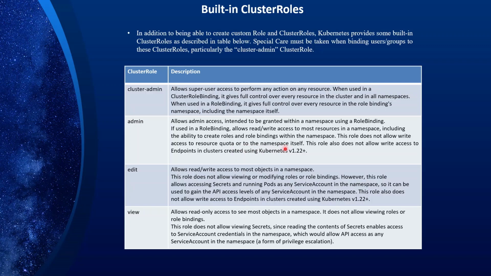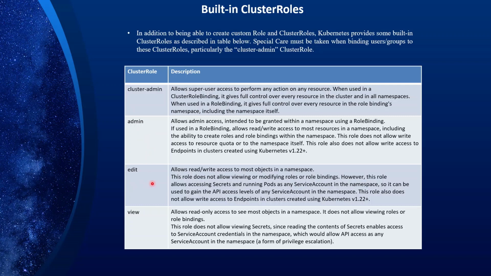So you can't really delete or modify the namespace itself, for instance, the name of the namespace, but you can do other things that are described here. This role does not allow write access to endpoints in clusters created using Kubernetes v1.22 and above. So this is kind of a little bit below that permission.